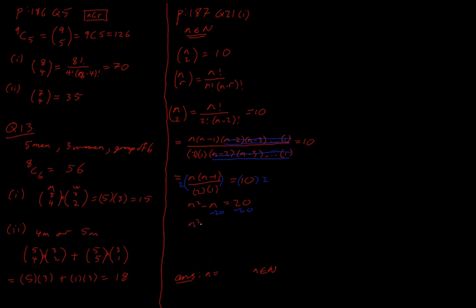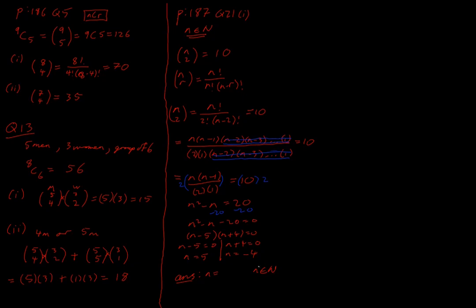I get n squared minus n minus 20 is equal to 0. As you factorize your quadratic, you will end up with n minus 5 by n plus 4 is equal to 0. So n minus 5 is equal to 0, or n plus 4 is equal to 0. Rearranging, we get n is equal to 5, or n is equal to minus 4.